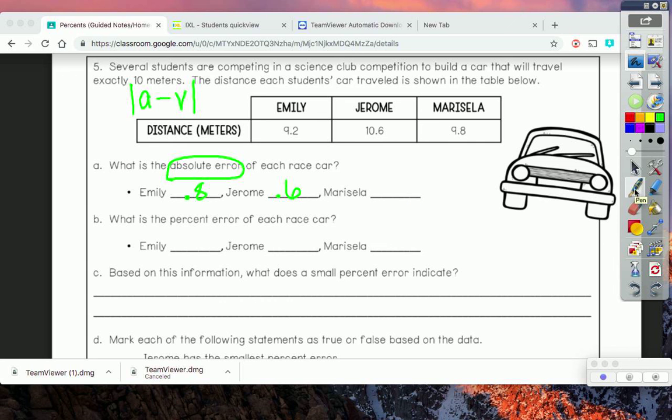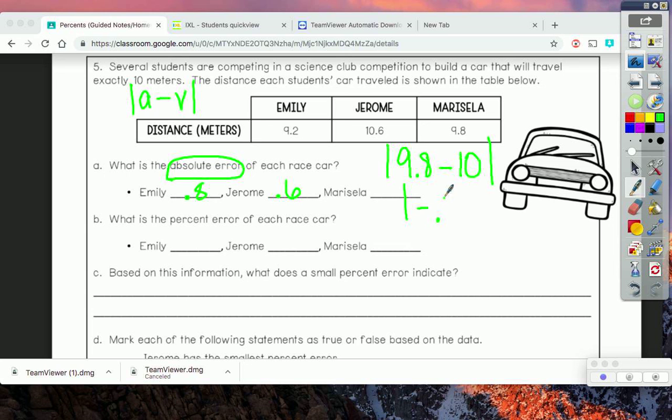All right, and Marcella. 9.8. Remember for Jerome, wouldn't it be negative 0.6? But it's absolute value, it can't be negative. 9.8 minus 10.